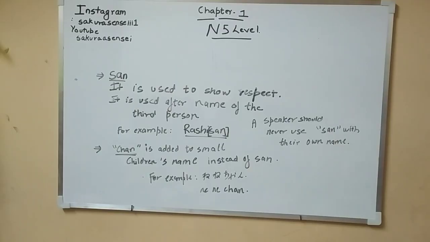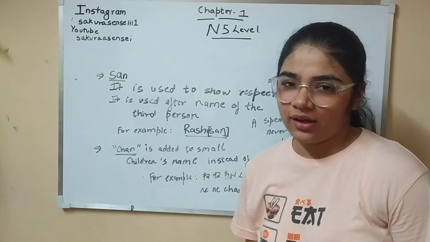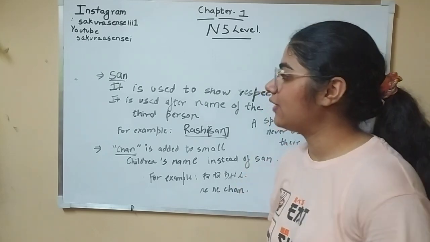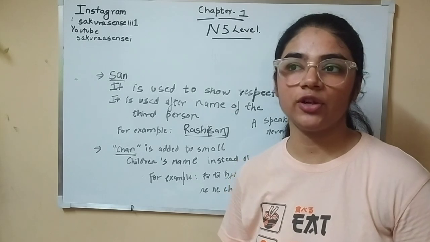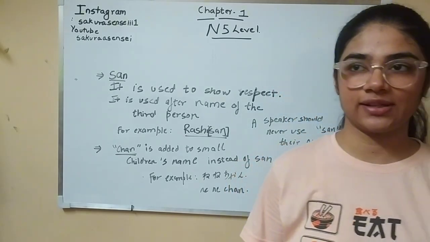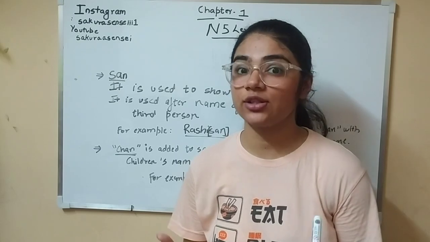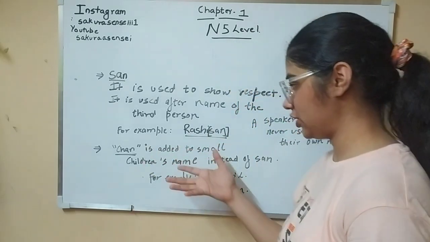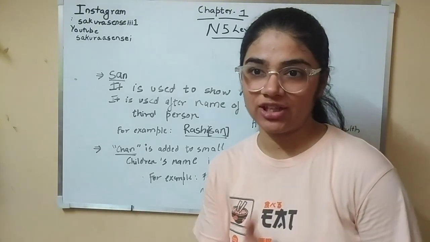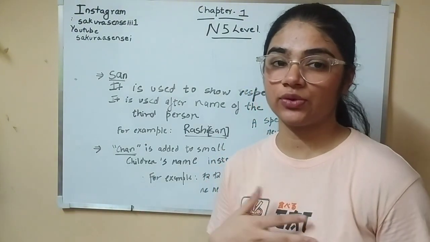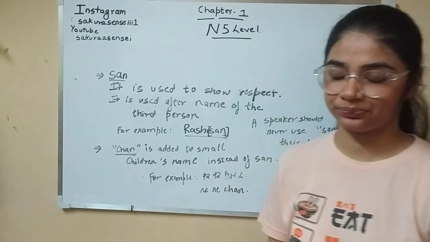So let's talk about san. I've already talked about san in one of the YouTube shorts: it is used to show respect when we're talking about a third person. For example, Tashi-san or any other name plus san. When you attach name plus san, it simply means that you are showing respect to the person.